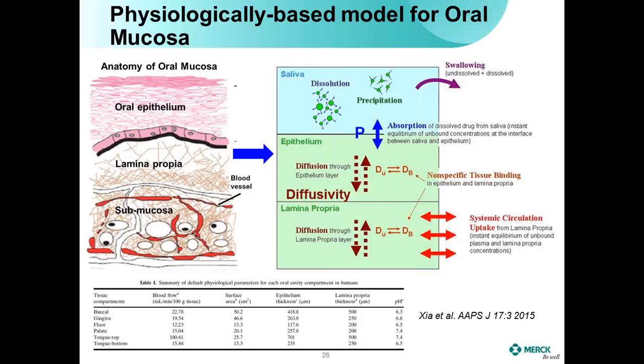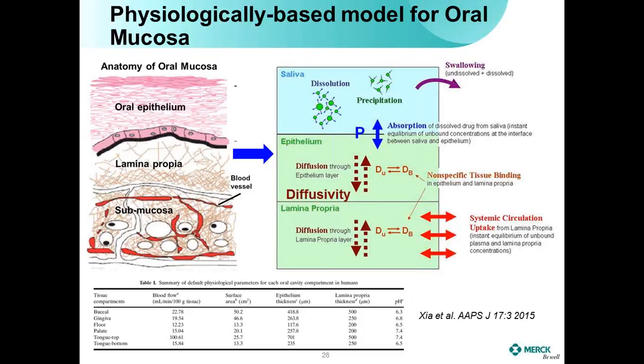The partitioning coefficient represents the total drug concentration versus the concentration in the saliva, but it also equals the total drug concentration in the tissues versus the unbound drug in the epithelium cells, because the unbound saliva concentration should be equal to the unbound concentration in the epithelium cells in order to reach equilibrium.